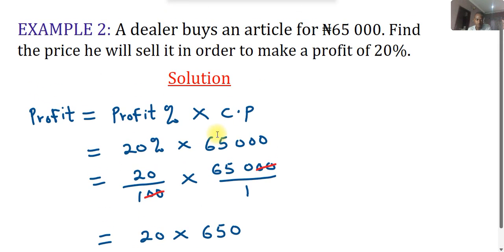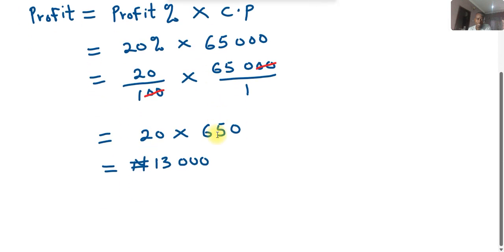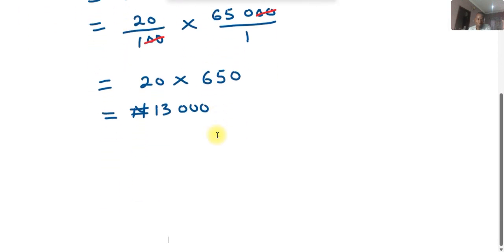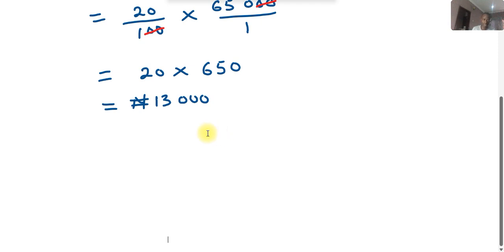The question requires us to find the price at which he will sell. So for him to make a profit of 20%, in that case, we need to add the profit to the cost price to get our selling price.